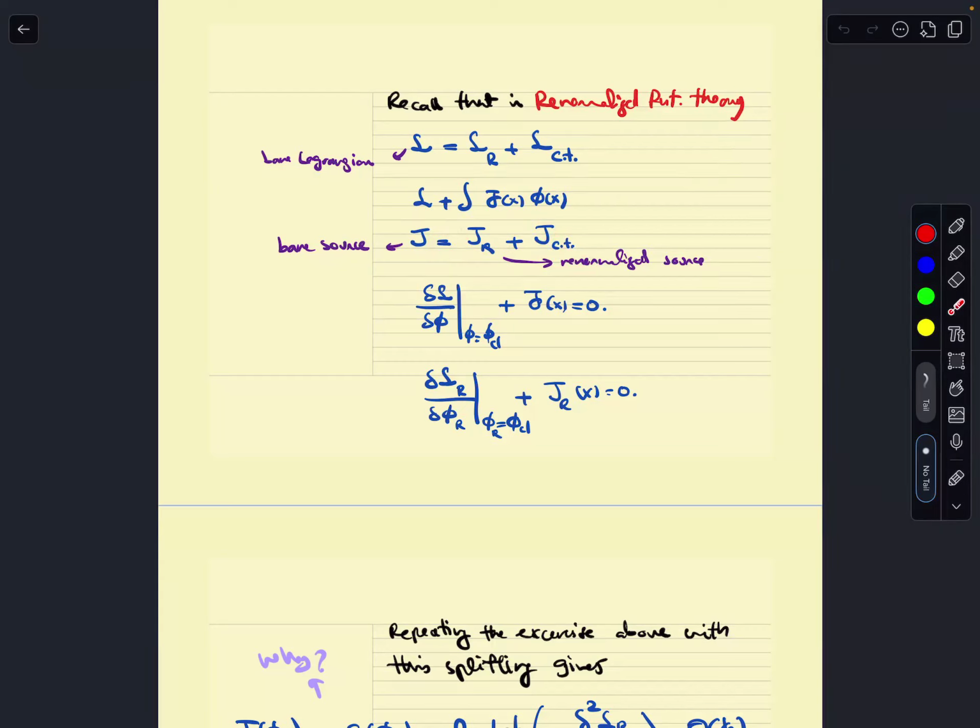So in the same way that the equation of motion was the variation of the Lagrangian with respect to phi, evaluated at phi classical, for the renormalized fields, the renormalized Lagrangian varied with respect to phi r, evaluated at phi r equal to phi classical, plus the renormalized source, is going to be 0. This is the equation of motion.